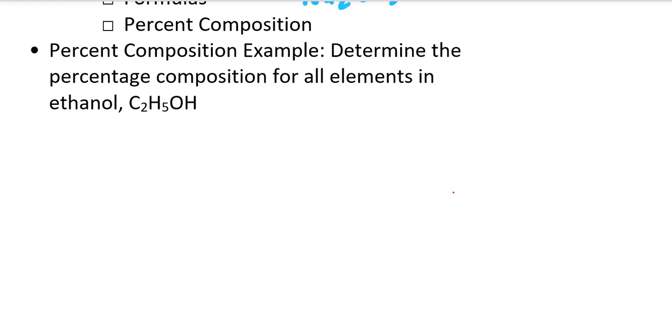So usually, for example, if I'm trying to determine the percent composition for ethanol, the first step would be to determine the formula mass for ethanol.